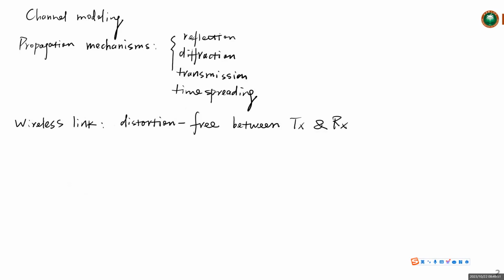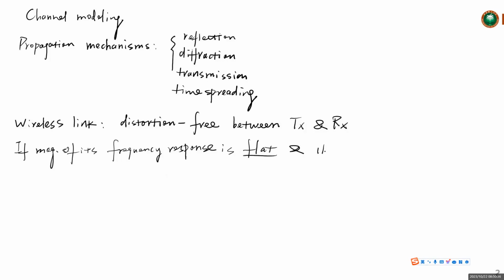This can be achieved if the magnitude of its frequency response is flat and the phase is linear.